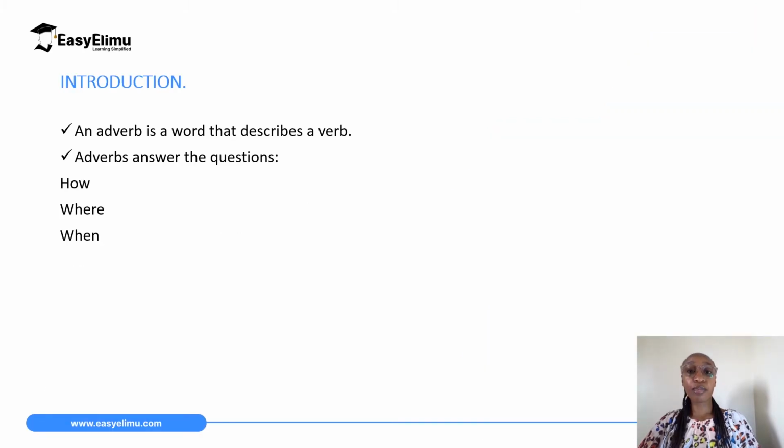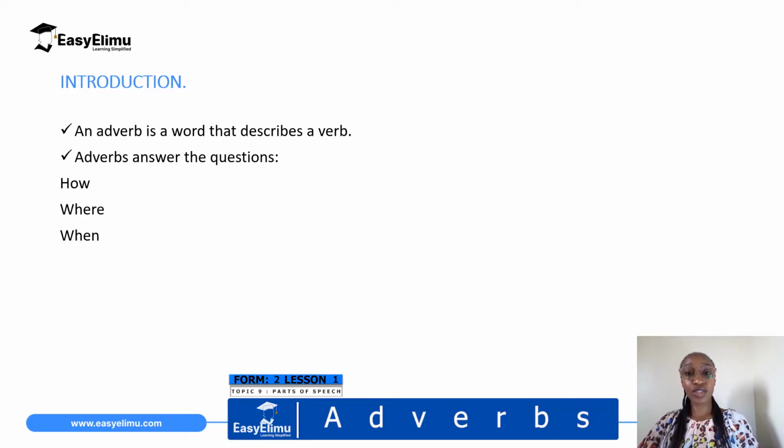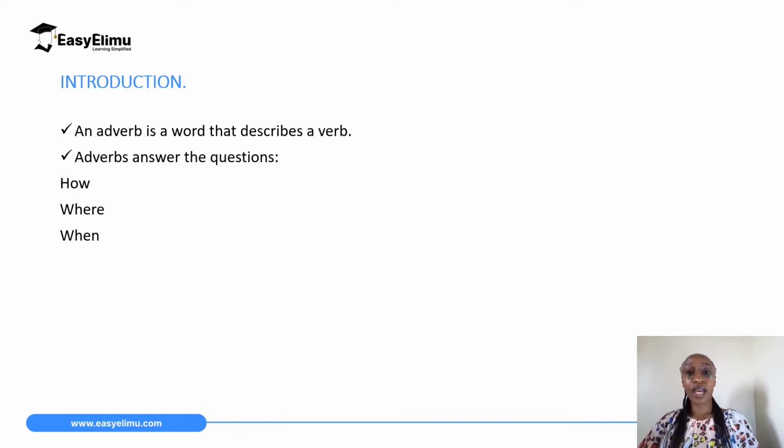So before we proceed to adverbs of place, it is important to remind ourselves what an adverb is. We say that an adverb is a word that describes a noun. We also say that adverbs answer three critical questions: where, when, and how.